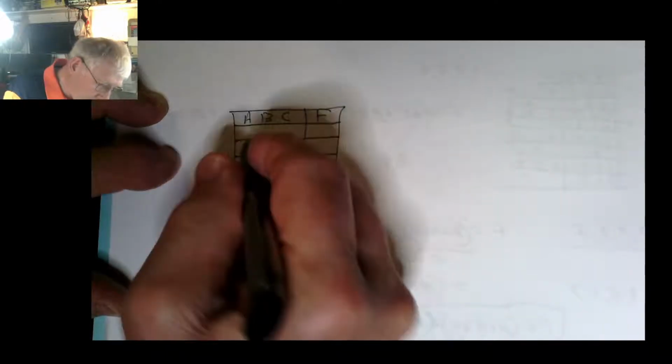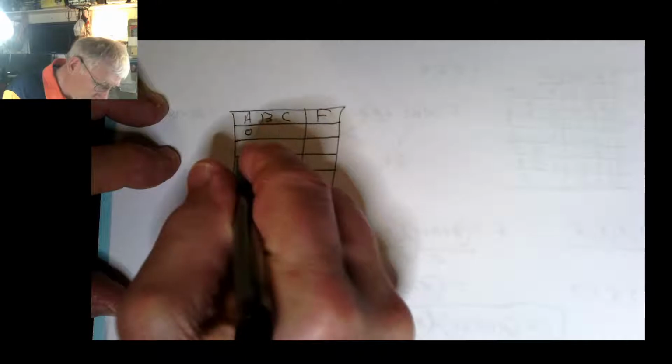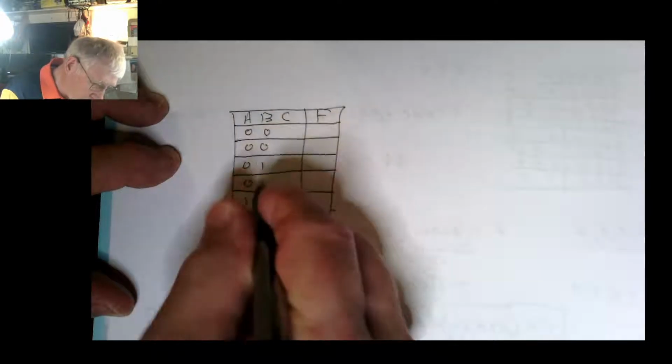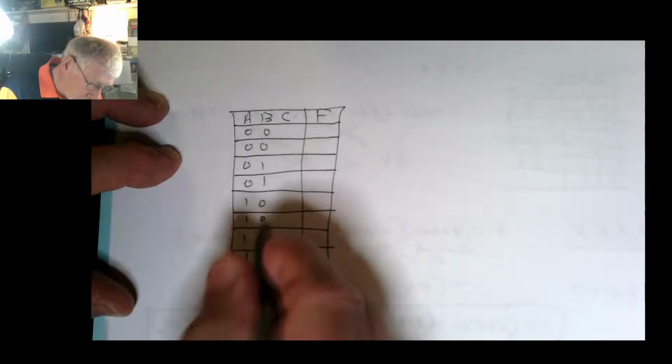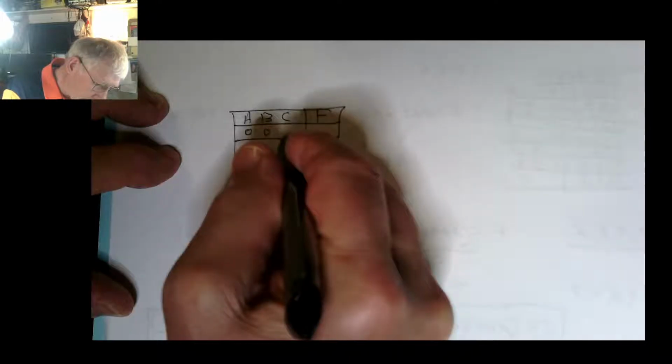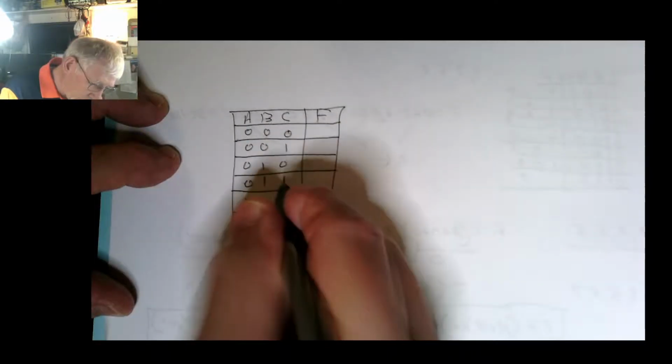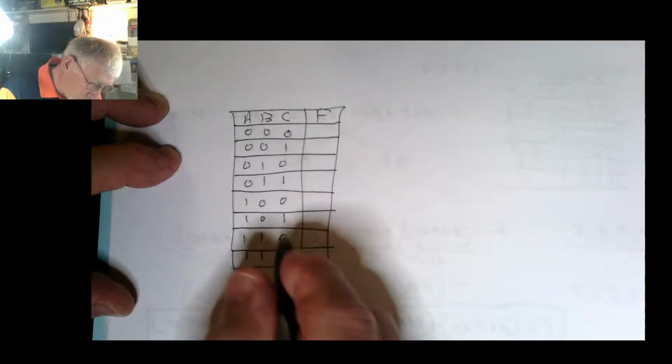All right, so we have 0, 0, 0, 0, 1, 1, 1, 1, 0, 0, 1, 1, 0, 0, 1, 1, and 0, 1, 0, 1, 0, 1, 0, 1.